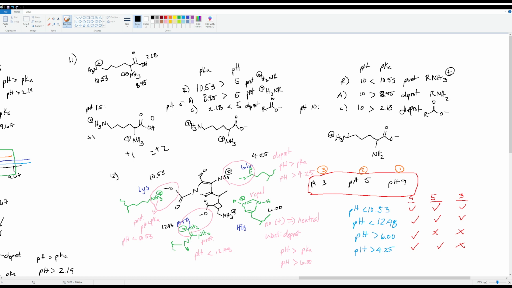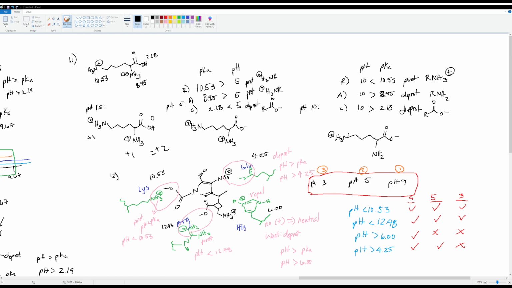And then 10, 11, and 12 are fun application questions. 11 is probably one of my favorite questions. Dominant protonation state is referring to, is the deprotonated or protonated state more abundant in solution?